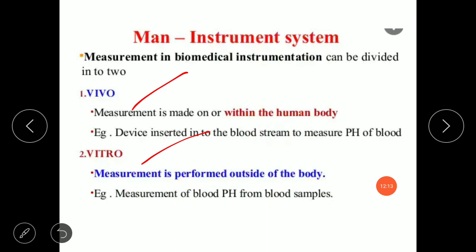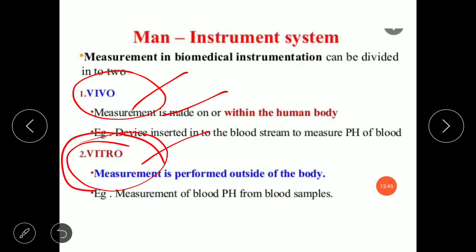An example of in vitro measurement would be the measurement of pH of a sample of blood that has been drawn from a patient. Literally, in vitro means in glass. Thus in vitro measurements are usually performed in a test tube. So again I am repeating what is in vivo and what is in vitro. In vivo measurements are those made on or within the living organism, for example, by inserting an instrument into the bloodstream to measure a parameter.